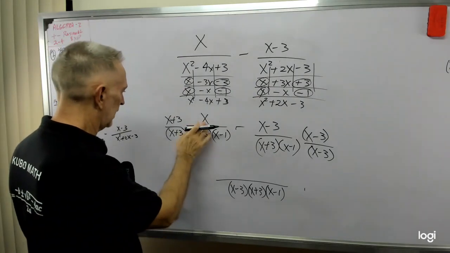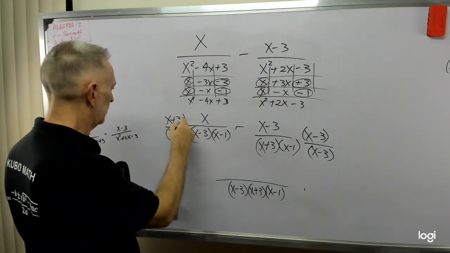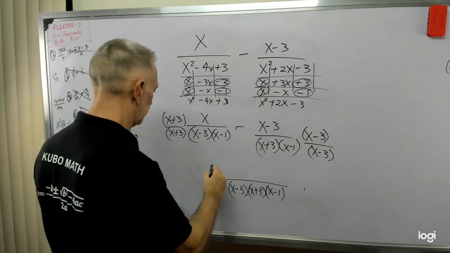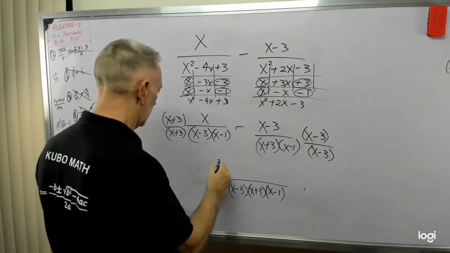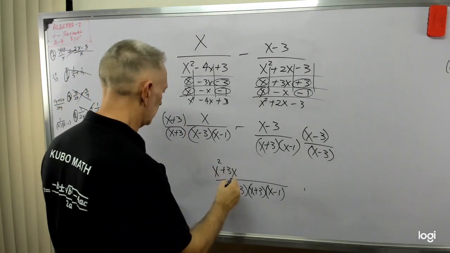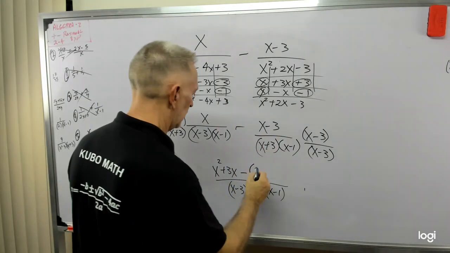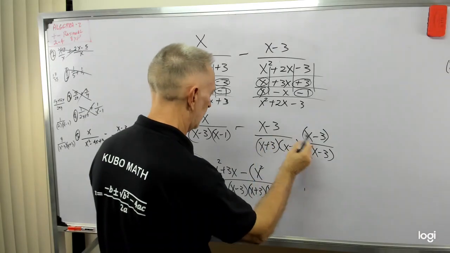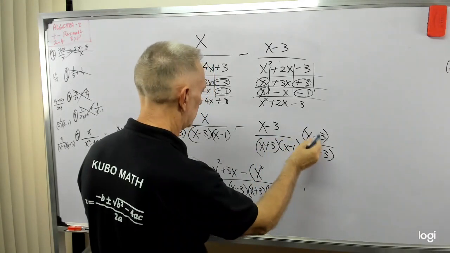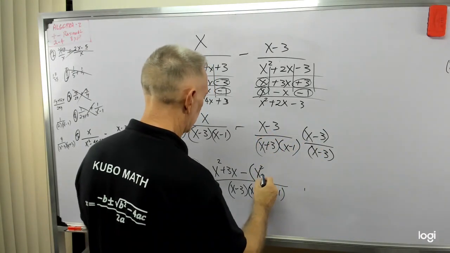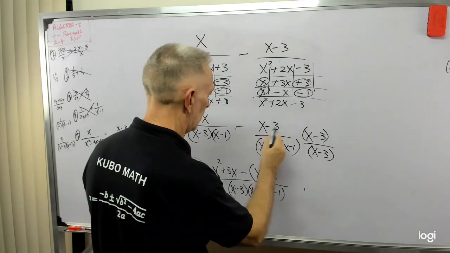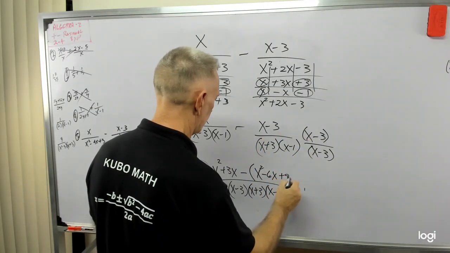So now let's collect our terms. X times x plus 3 gives me x squared plus 3x, minus the parentheses of x squared minus 3x times plus minus 3x is minus 6x plus 9.